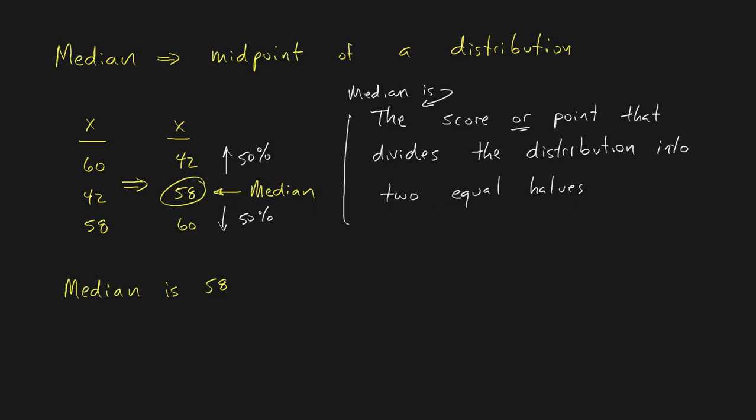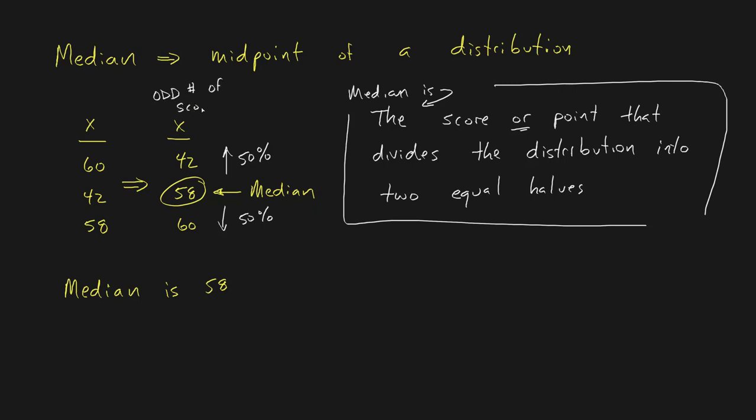Now the reason it says point there is because the example that I gave, aside from being fairly small, which makes it a fairly simple one to work with, also has a special characteristic that changes how I find the median. There is an odd number of scores in my example.